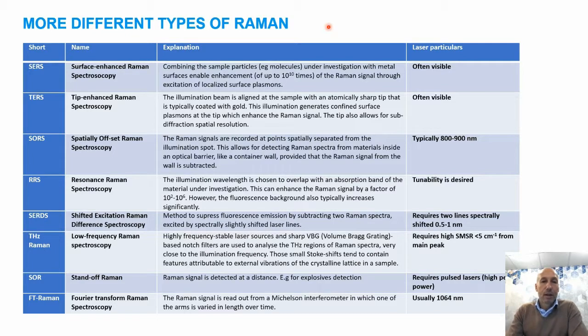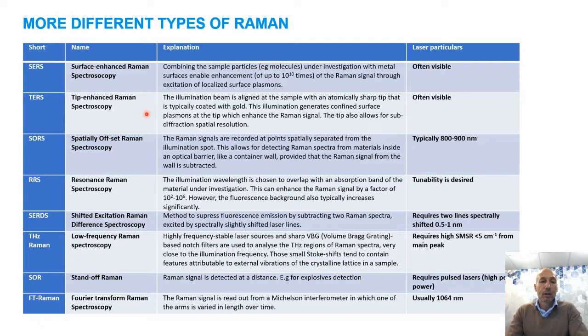For instance, there is a possibility to enhance the Raman signal by several orders of magnitude by combining the sample with a metal surface, either by putting the sample on a metal coated surface, and then we're talking about surface enhanced Raman spectroscopy, or by aligning the illumination with the tip of an atomic force microscope, which is also normally coated with a metal.